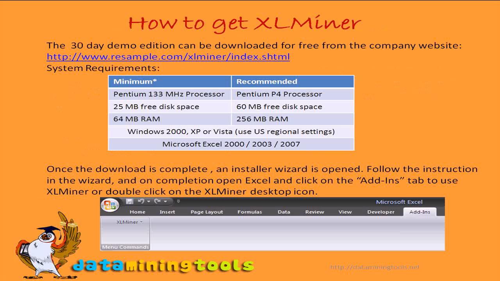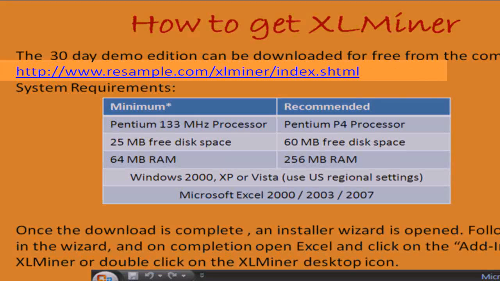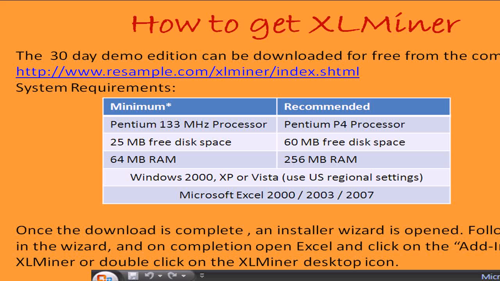Let us see how to get the XLMiner software. The 30-day demo edition can be downloaded for free from the company website, that is www.resample.com. The minimum system requirements to install XLMiner are a Pentium processor with a clock speed of at least 133 MHz.